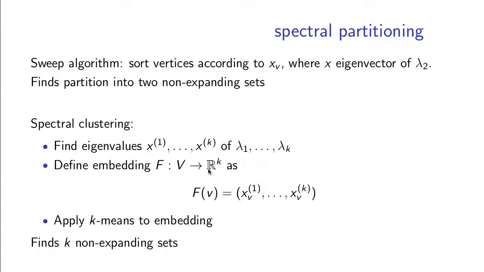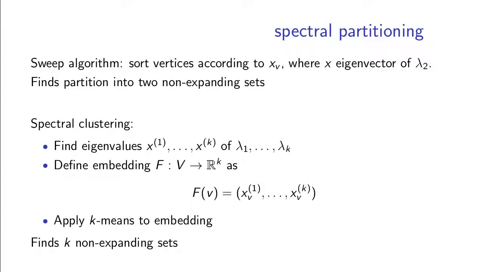Just as in the proof of the Cheeger inequality, we could think of the eigenvector of lambda 2 as defining a mapping of the vertices into the real line. Then those algorithms that seem to work well in practice just apply geometric clustering algorithms to this embedding. K-means is typically applied. And empirically, those algorithms seem to find non-expanding sets.